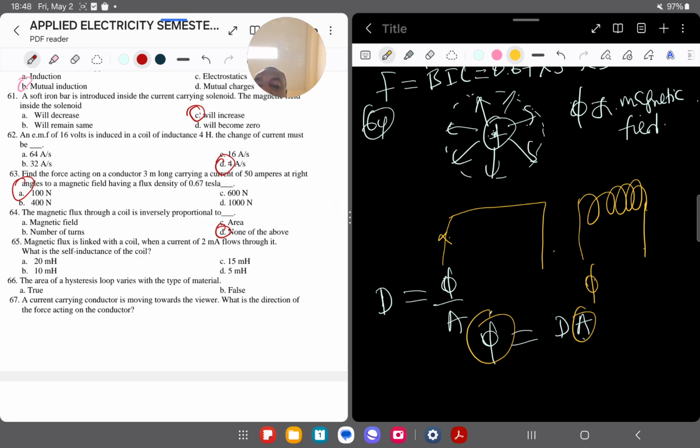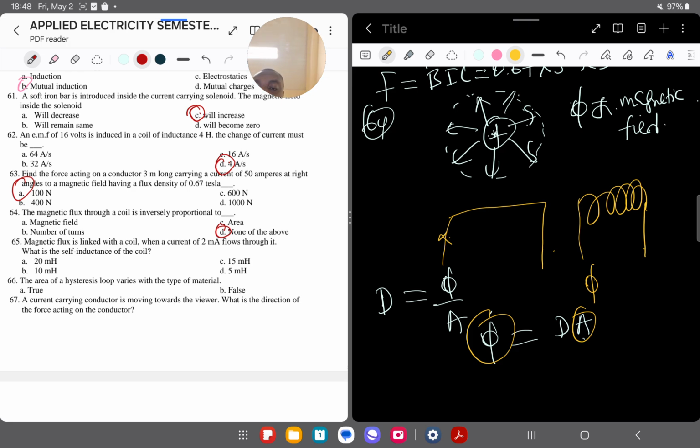Magnetic flux is linked with a coil when a current of 2 amps flows through it. What is the self-inductance? So this question is actually incomplete. Question 65 here is incomplete because we don't know the flux or the change of flux.